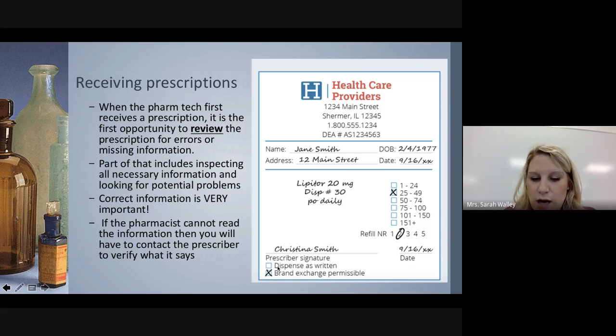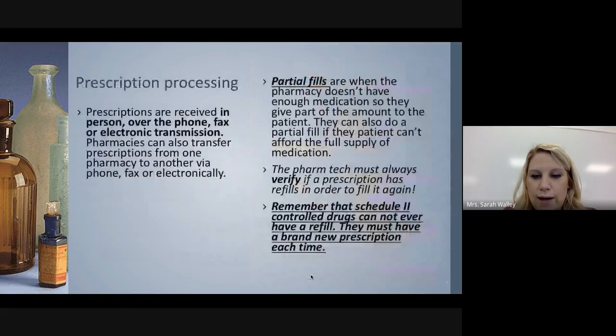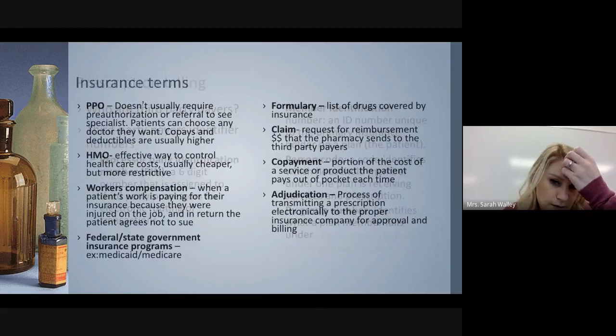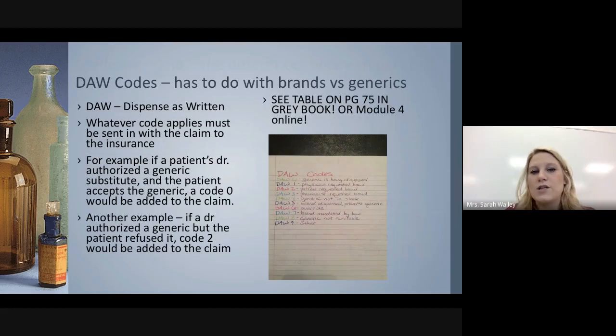This is basically telling you what the DAW code situation is. It's just not giving you the specific DAW code, but it's saying you can have a generic if the patient wants it. Okay, so let's go back this way. Sorry, guys. I just had to show you that.